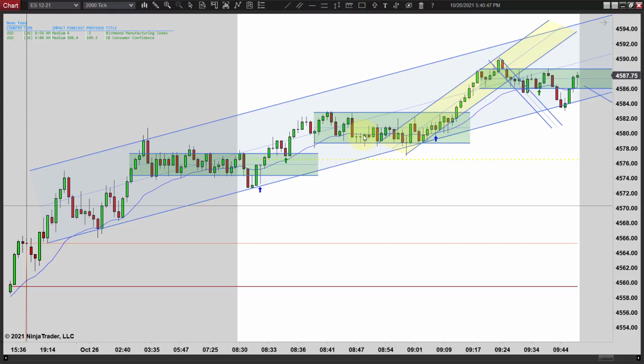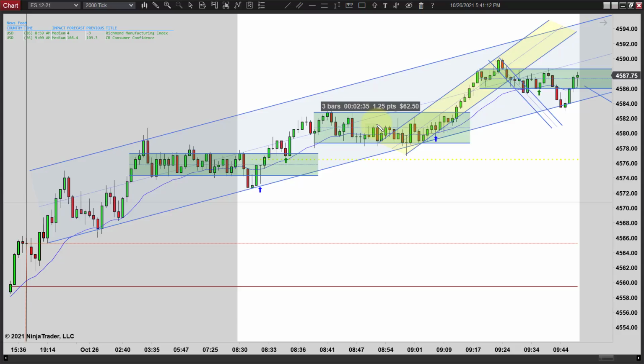You do get a second entry here, and it's really tempting to want to enter. But when you start getting 3 bars in a row with matching highs and prices can't break higher and the EMA is holding, don't take that second entry. This might have still worked. I don't even know. Let me just see how many ticks we got in there. But don't take that second entry because you can easily get stopped out.